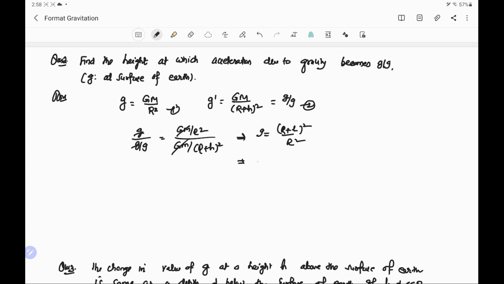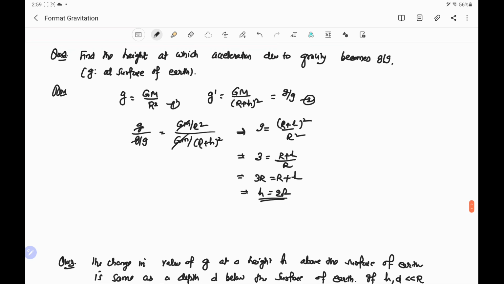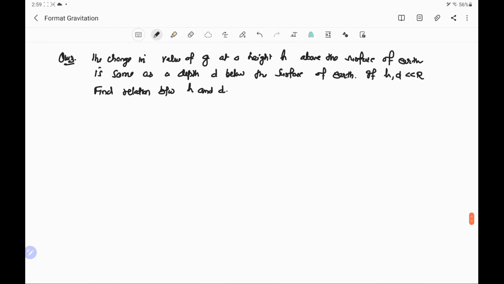On taking the square roots on both sides, 3 will be equal to (R+h)/R, or 3R equals h plus R, or h equals 2R. So at the height 2R from the surface of Earth, acceleration due to gravity becomes g by 9, that is 1/9 of the value at Earth's surface.